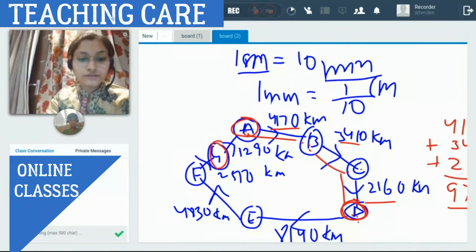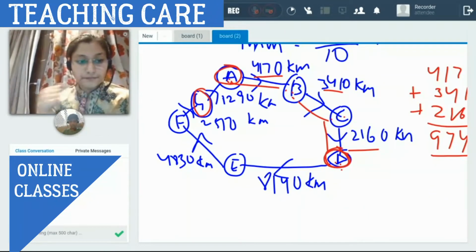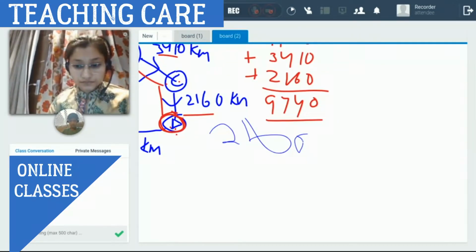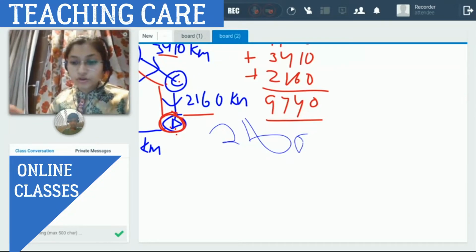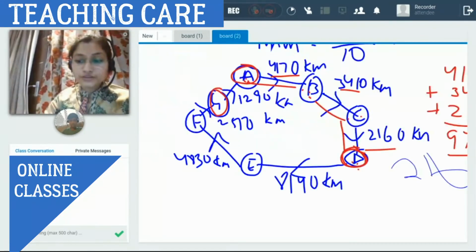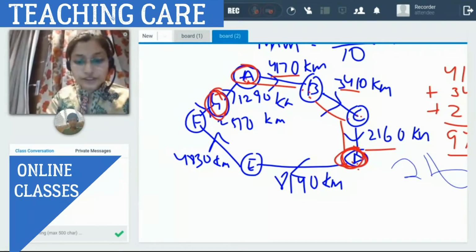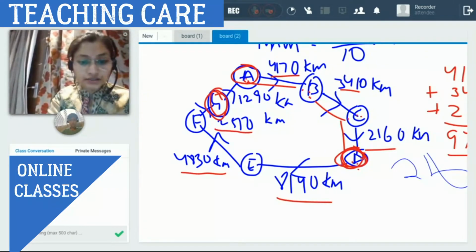Next is: find the total distance covered by the bus from D to G. Do it. No, no, no. 2160 is not considered. This is the distance between C to D, but you have to calculate between D to G. So you will take this one and this one.